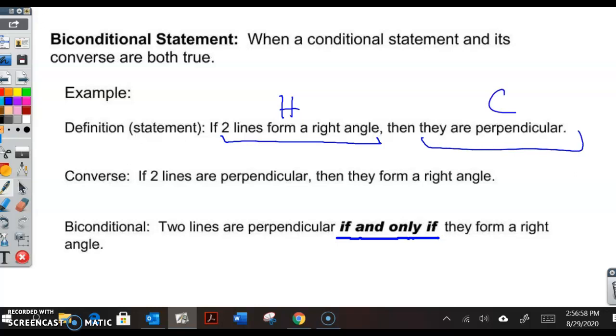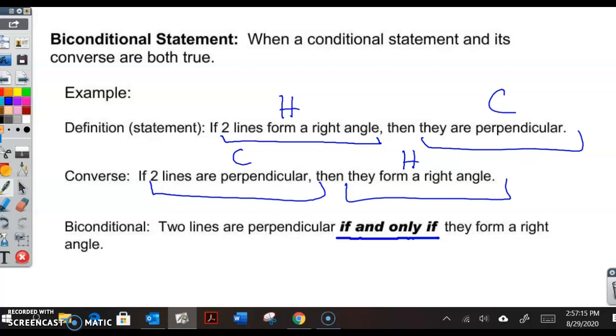There's your hypothesis and here's your conclusion. Here's the converse: if two lines are perpendicular, there's your original conclusion, then they form a right angle. There's your hypothesis. So notice they're flipped. That's the converse. Both of those statements are true.